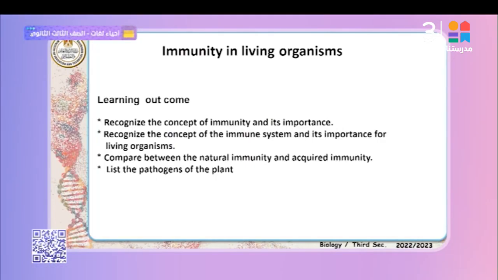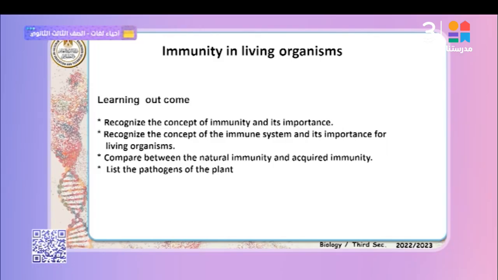Now we are going to focus on the learning outcomes related to this lesson. By the end of this lesson, the student should be able to: number 1, recognize the concept of immunity and its importance for living organisms. Number 2, compare between natural immunity and acquired immunity.